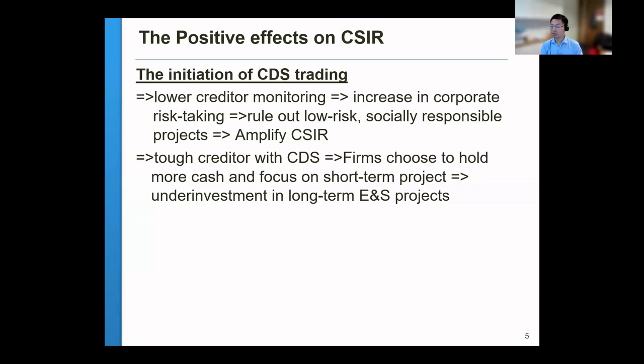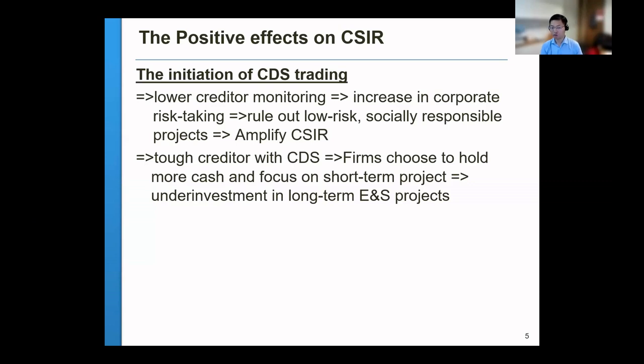In this case, maybe the bondholder has some incentive to push the firm to default. The manager knows that the bondholder will do that, so they will be more conservative. In order to avoid the negotiation with the debt holder, the firm might choose to hold more cash, as found in the literature, and they might focus on short-term projects.